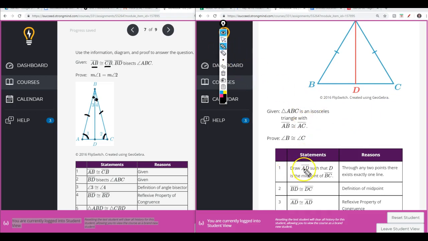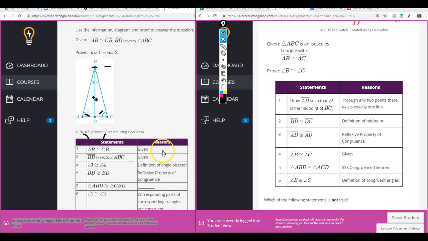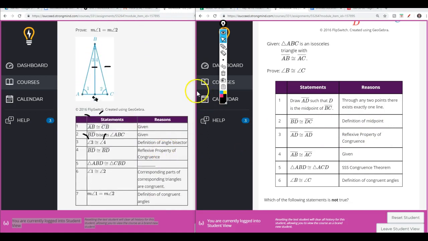So here notice it says draw AD such that D is the midpoint of BC. That's going to create the same thing as a bisect. So let's just see where we can go, if this is going to help or not.